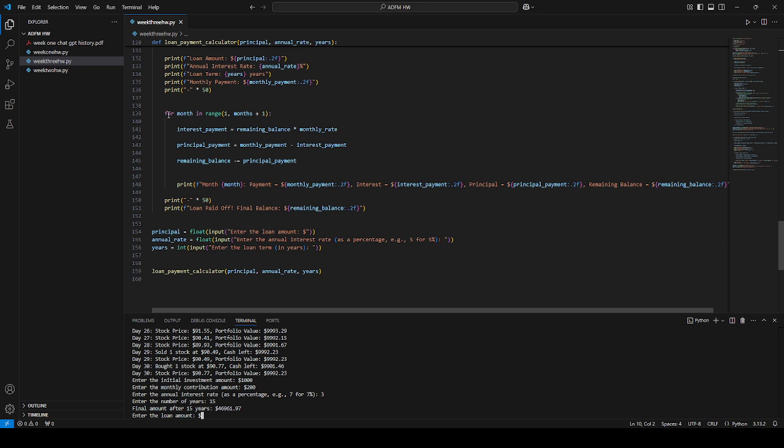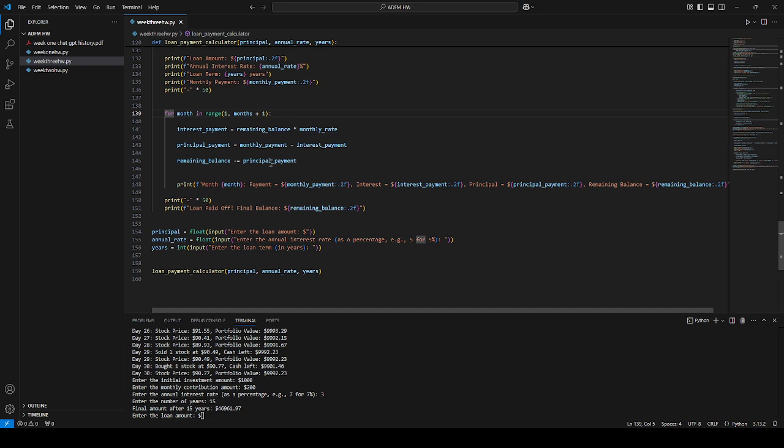And so this is another loop that we're starting, the loop that ranges for the 12 months, or in general the number of months that we decide to do. Each month it is calculating the interest payment and the principal payment. For each month, it calculates the interest payment, the remaining balance times the monthly rate, the principal payment, the monthly payment minus the interest payment, and the remaining balance.